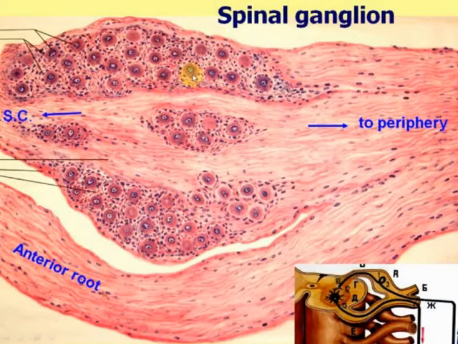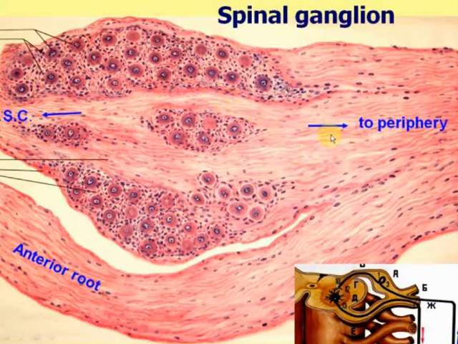Neurons, sensory, pseudo-unipolar neurons. They have large, round perikaryons, neuronal bodies, located in groups, mostly at the periphery of the ganglion, and nerve fibers, mostly myelinated.